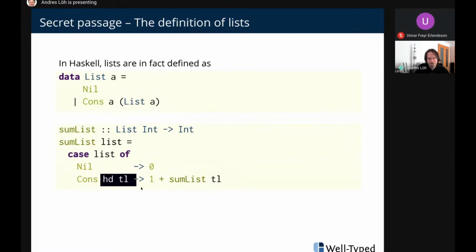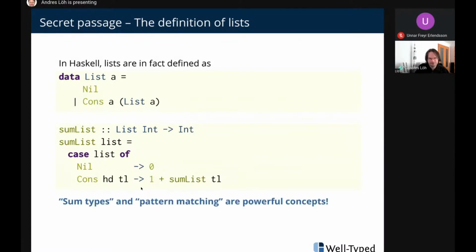And this more generally shows that these concepts of sum types and pattern matching are quite powerful, and they're often a little bit overlooked. If you look at literature about Haskell or other functional programming languages, you'll find all sorts of things being said about very fancy, very advanced features of the type system, like even more recent extensions.